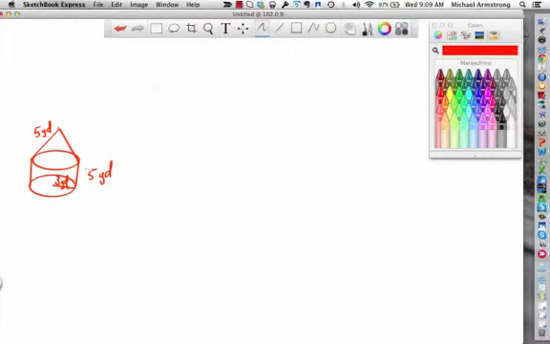So the bottom area, all you have to do is remember the area of a circle is pi r squared, so it's 3.14 times 3 squared, which is times 9. 3.14 times 9 is 28.26.